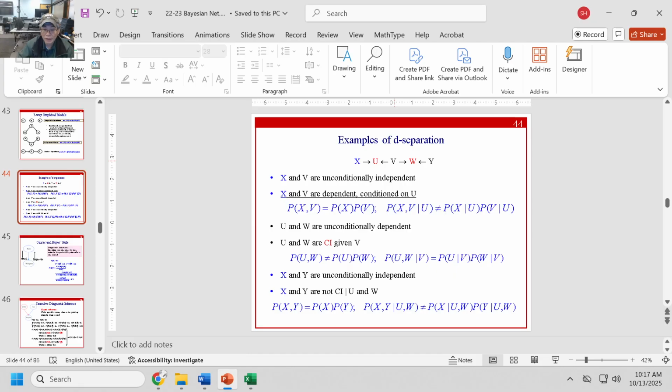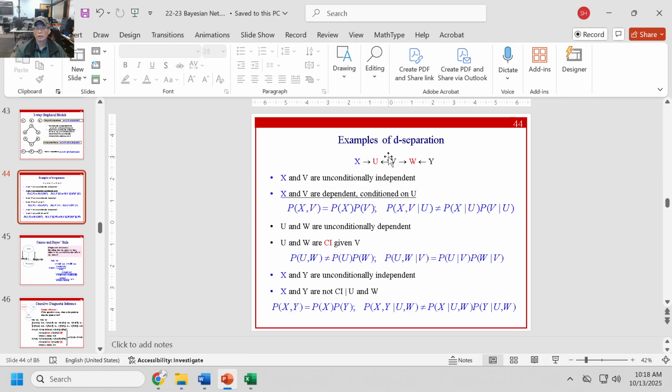So far, so good. As such, let's have our first hot and sour soup. X and V are unconditionally independent, because X, I don't know what is causing X, and V, I don't know what is causing V, because there's nothing I can trace.